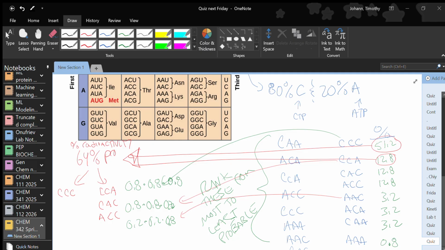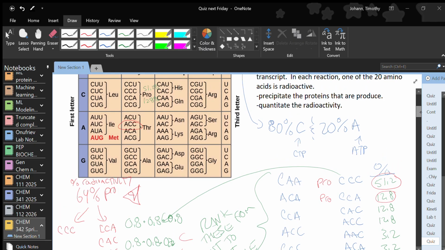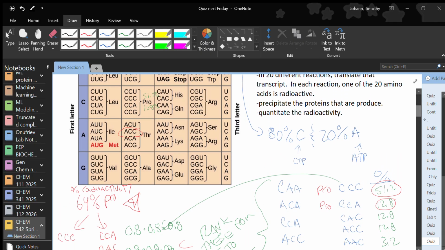All right, so what else can we get out of this? Well, we have this ACC, right? Where do we get ACC? ACC is right here for threonine. Okay, let's go ahead and just go down and label all the codons. I'm going to take some of these arrows out and let's label them down. So this was proline. CAC is histidine.